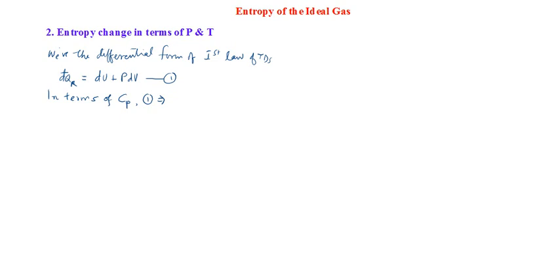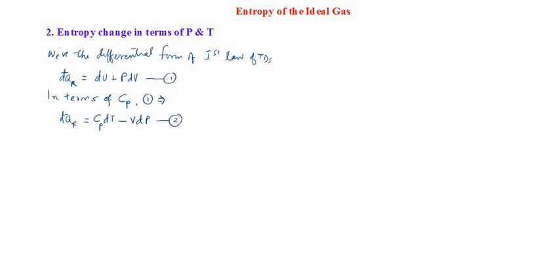You can refer back, or you can just try to do that by yourself now. So in terms of that one, I'm rewriting this d̄Q_r. So it is Cp dT minus VdP, for an ideal gas system. So that is my second equation.